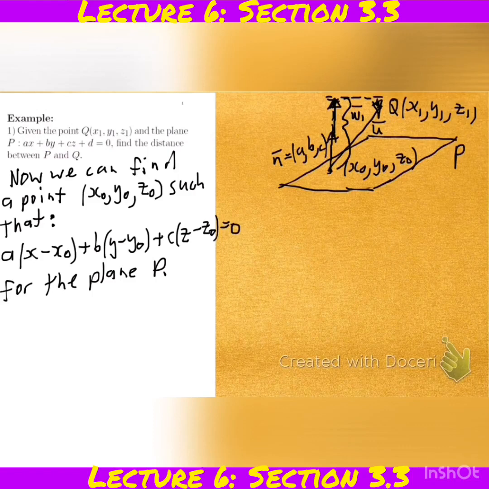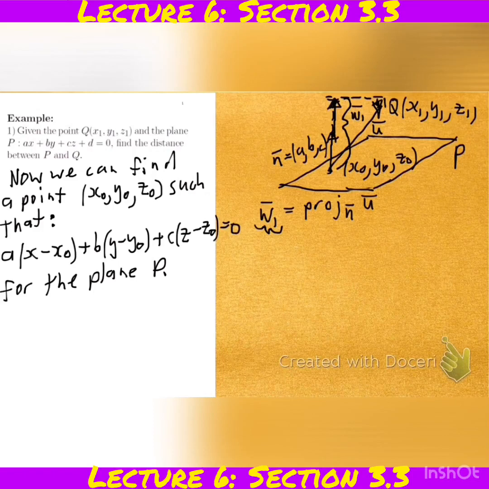Now from previous knowledge, what is W1? The vector W1 is essentially the projection of the vector U onto the normal vector n. Now we are interested in the norm of this vector, because the norm of this vector is going to measure the vertical distance between the point Q and the plane.